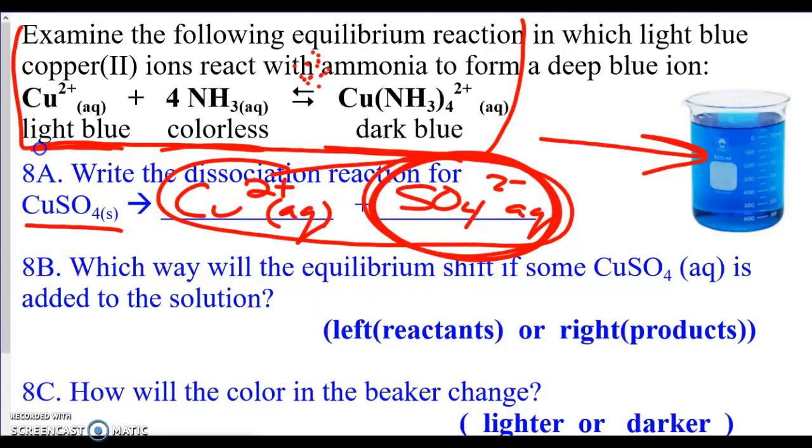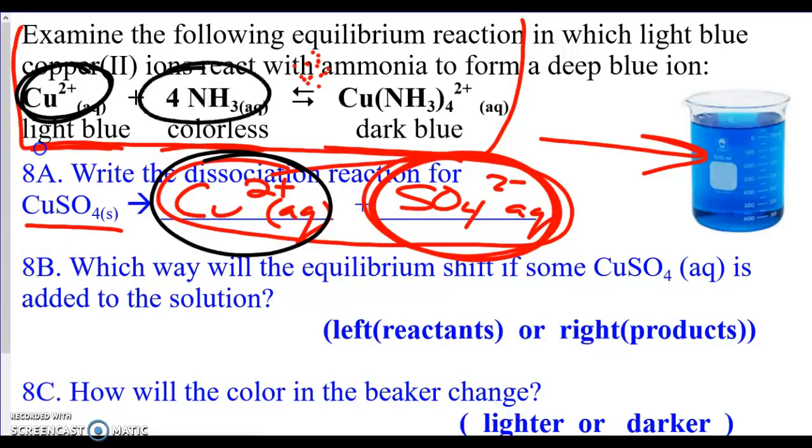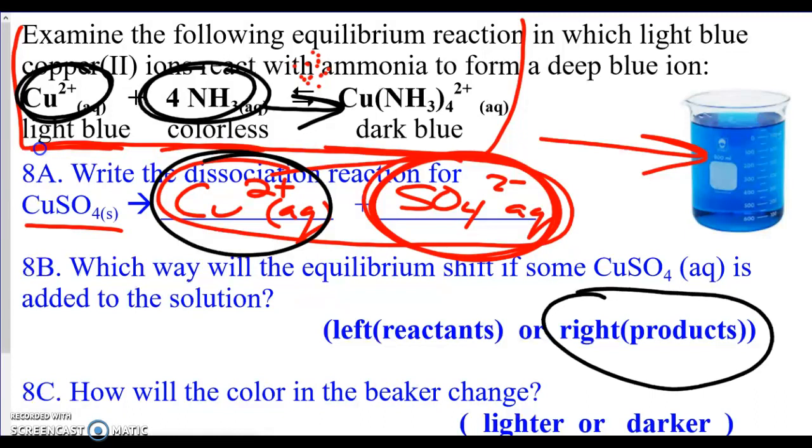So this is a fancy way of saying, hey, we're adding some copper-2 ions. If copper-2 ions are added to it, they are going up. That is a stress, and it's going to react to get rid of those copper-2 ions. The only way we can get rid of copper-2 ions is to react with the ammonia and to produce this copper-ammonia complex. So it would shift to the right, and what color would it become? It would become darker in color.